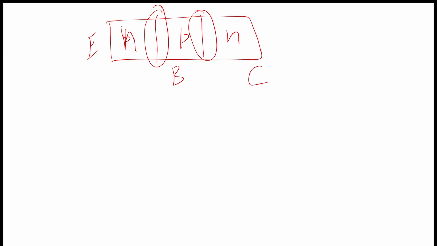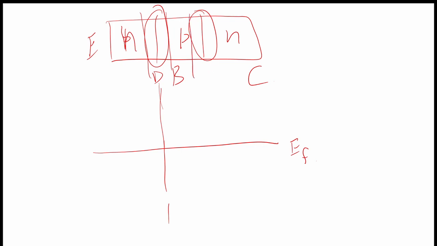So this is NPN. If we make a band diagram for this one, let us say this is the Fermi level, this is the EF, and in the N region the conduction band is close to the Fermi level. This is the depletion region, and this is the depletion region again. These two are the depletion regions.